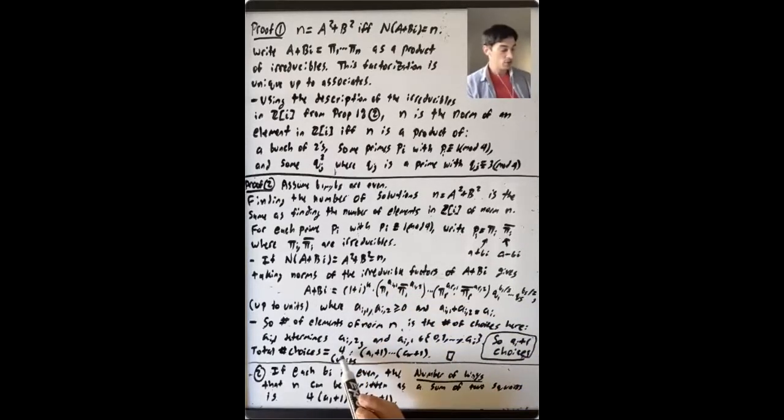So the total number of choices is 4 for the units, right? This is just one factorization here, but we could multiply by i, negative i, or negative 1. So there are 4 choices for units, and then times a1 plus 1, a2 plus 1, up to ar plus 1. And that is exactly the formula that we were trying to prove.